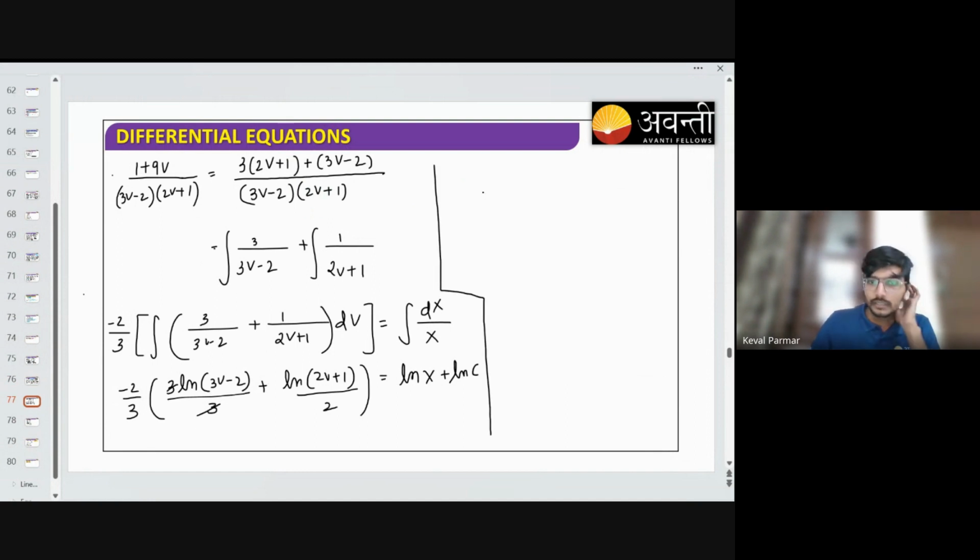Here we can simplify it. We'll have to take the LCM, so we'll get minus 4 by 3 into ln of 3v minus 2.